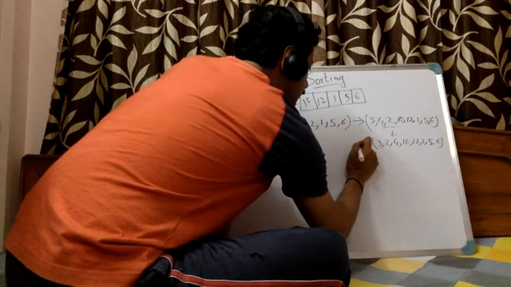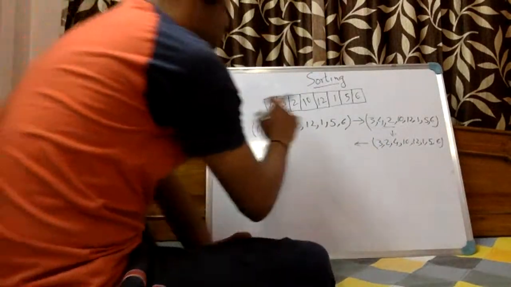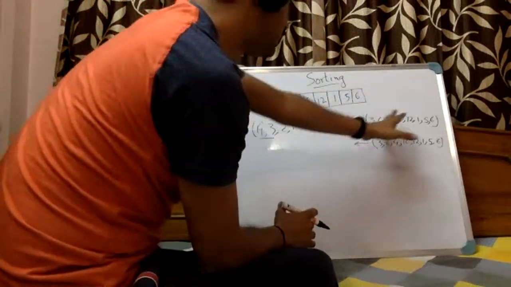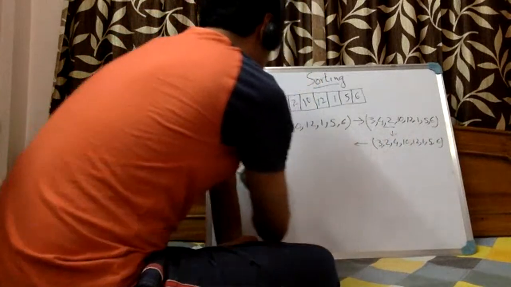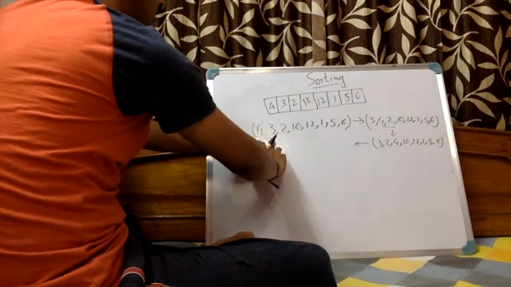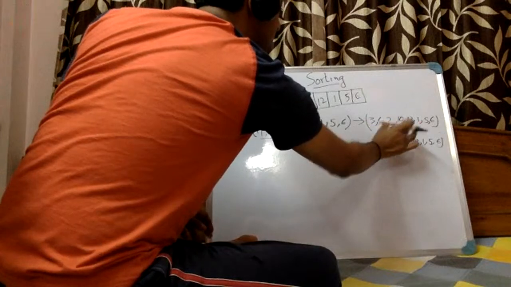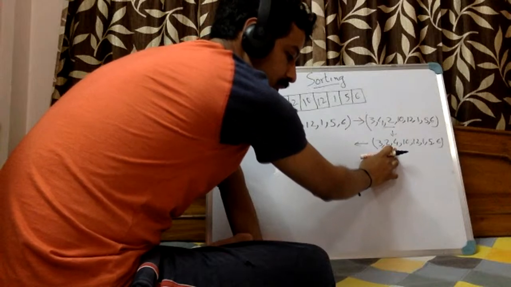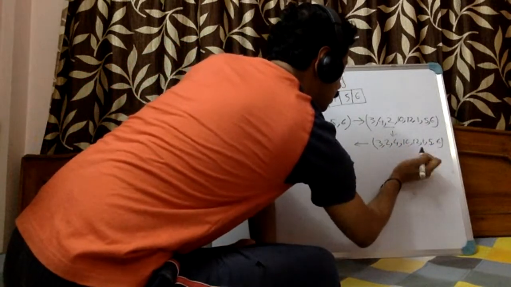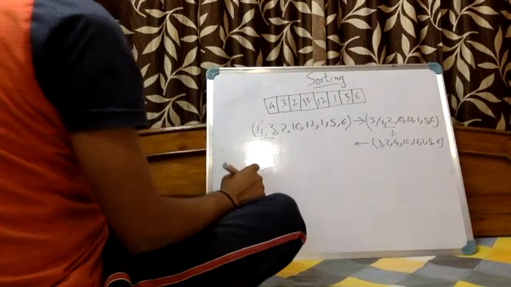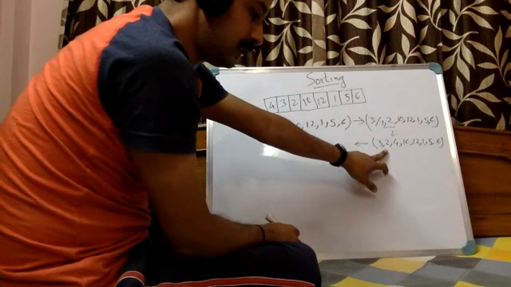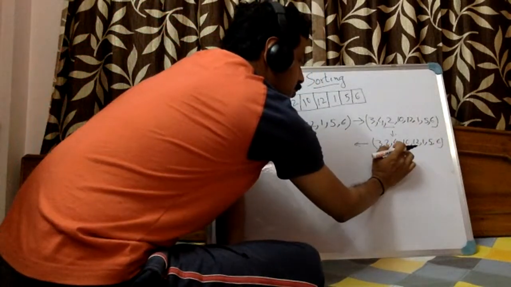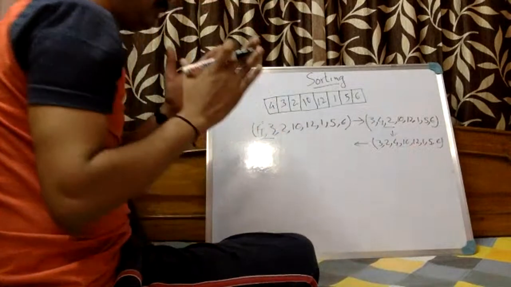Now moving to the next step. So what happens over here? We have done the exchange of array position between the first two and then moving to the second two, and then what we have to do now? We have to do this again for these two, right? Now here we have to compare 4 to 10.